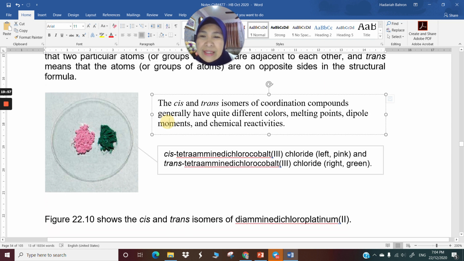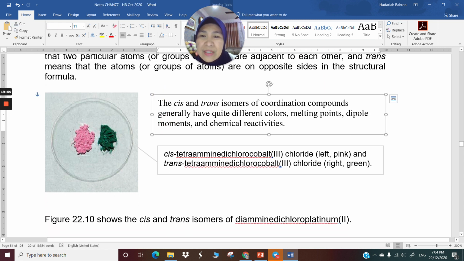Now have a look at this example here. The pink and the green compounds have exactly the same chemical formula. It is tetraamminedichlorocobalt(III) chloride.